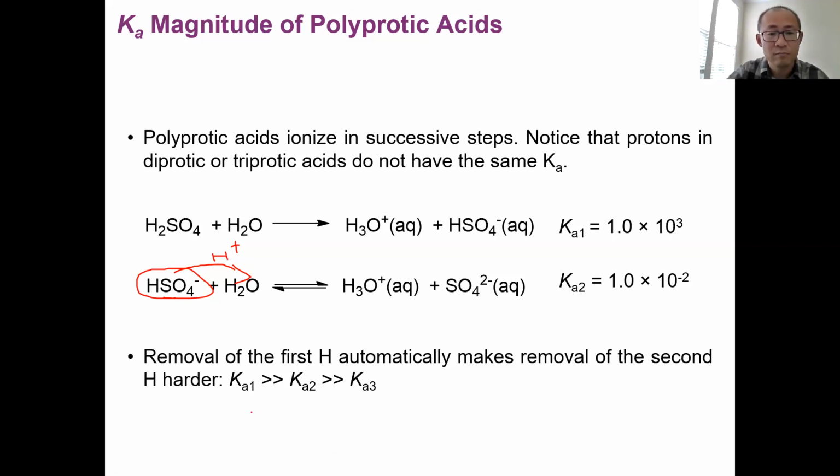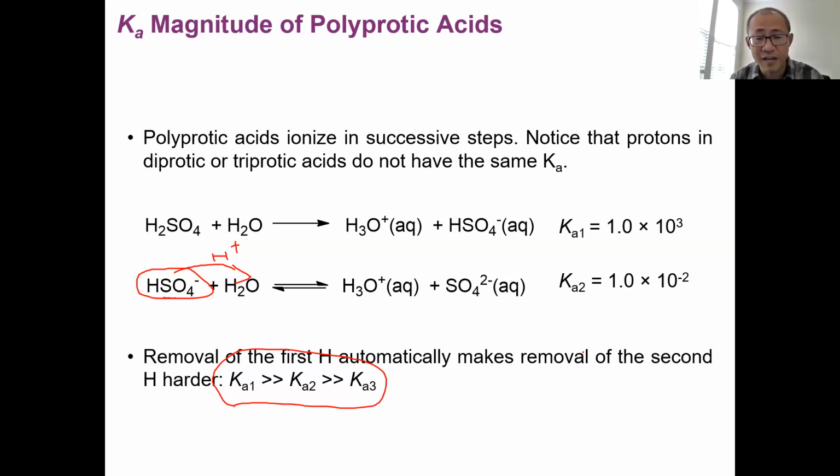And also, again, demonstrated here, if you have a polyprotic acid, the protons are ionized in successive steps. The first K constant is much greater than the second step. If there is a third proton, then the third K is much smaller.